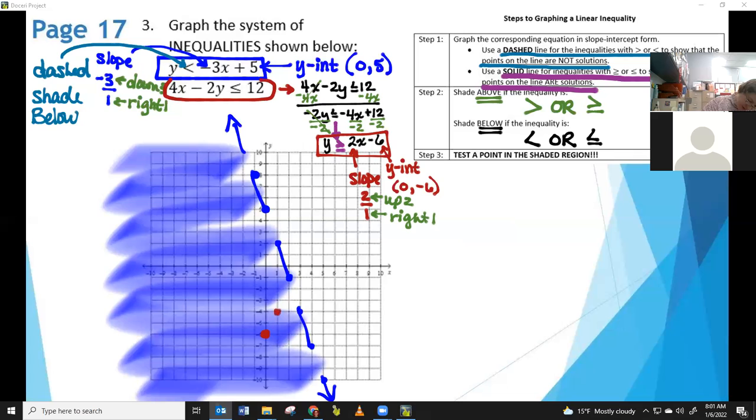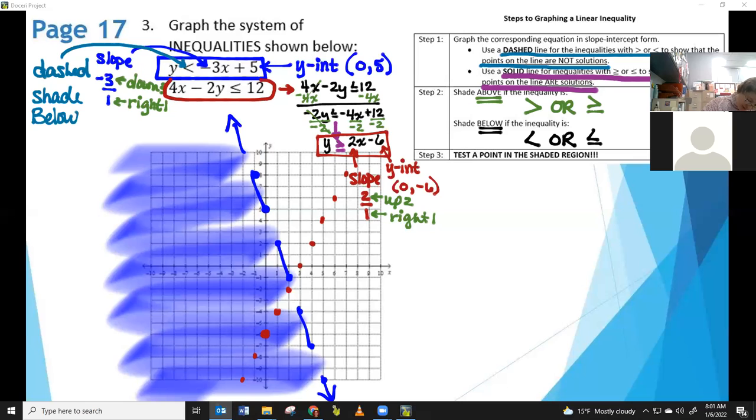Up 2, right 1, up 2, right 1, until I run out of space on my graph, and take it backwards as well. Dashed or solid on this? Solid. And shade above. Yes.